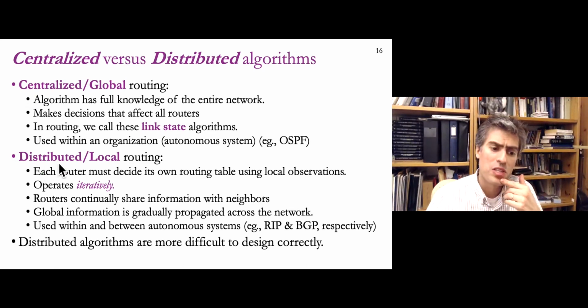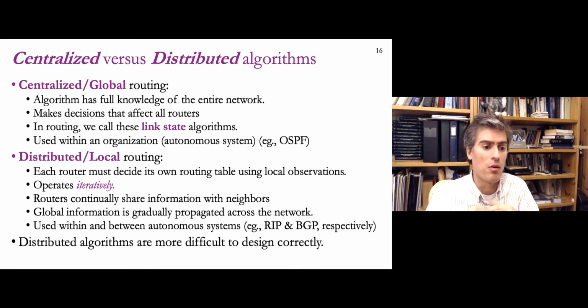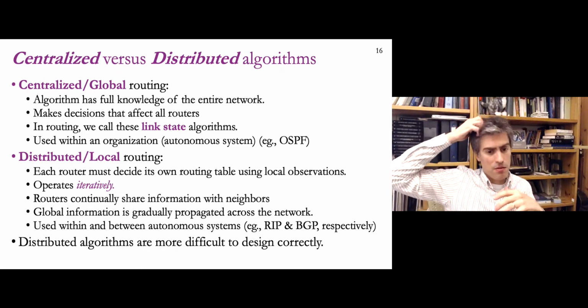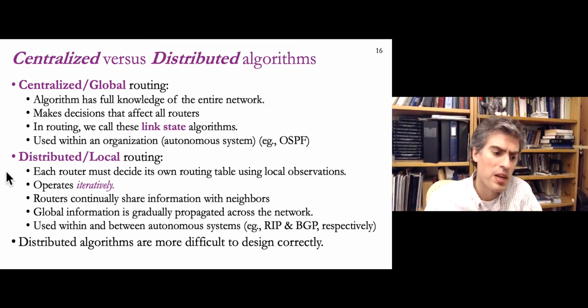So instead we use distributed algorithms for routing, which you could also think of as local routing algorithms. You have information about your locality, just your neighborhood, and you use that to make a decision about where to forward traffic or what the shortest paths are, kind of. Except you don't really have all the information about end-to-end. You just have the next hop observations.